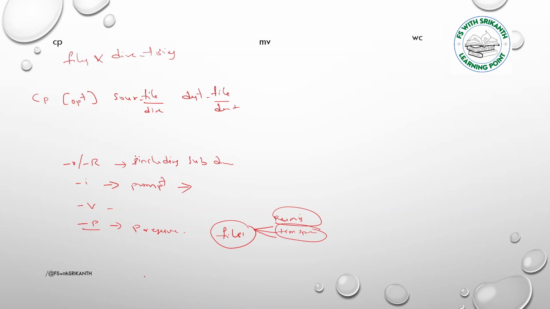So how do you copy the file? cp file1 file2. The source is file1 and the destination is file2. The file1 data will be stored in file2. If this file2 already exists, it just overwrites.